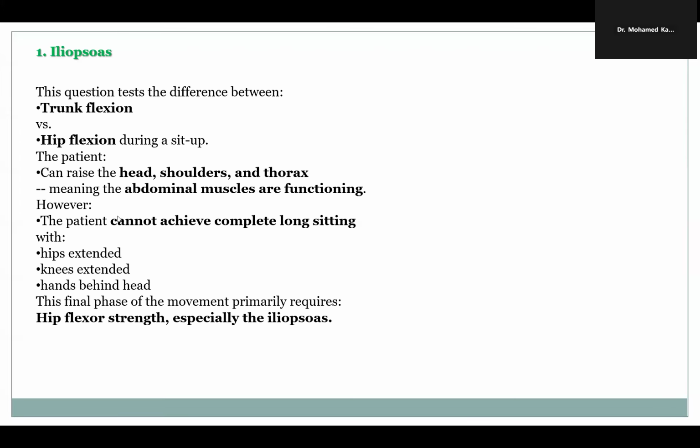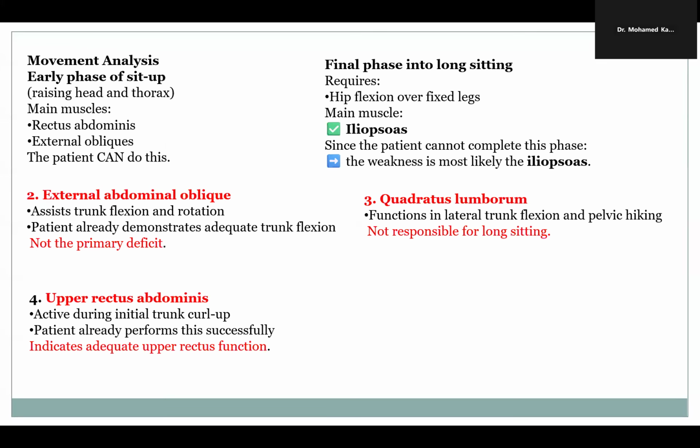Okay. So in a movement analysis, in the early phase of the sit-up, raising the head and thorax, the main muscles working will be the rectus abdominis and external oblique. And the patient in this question can already do this.